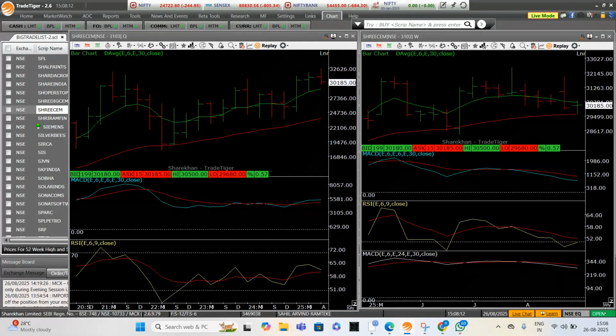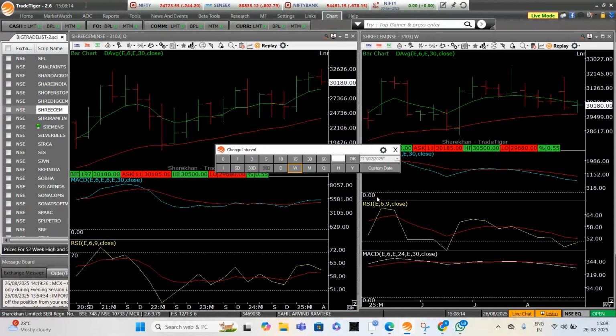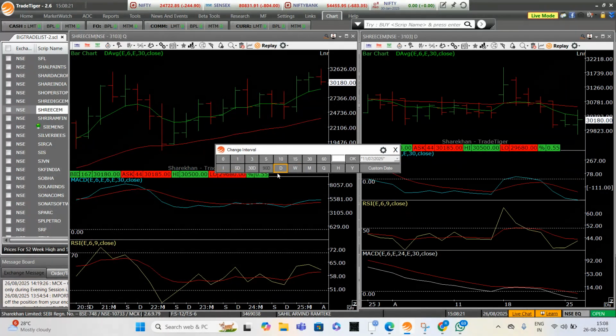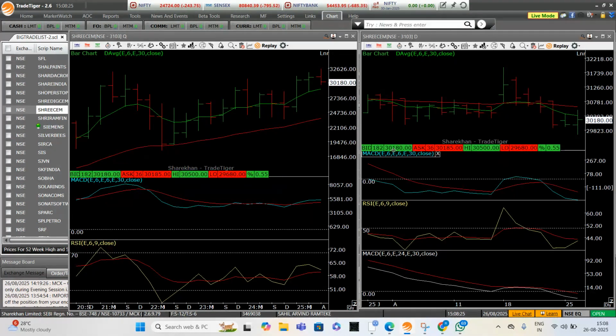And if we go to the daily time frame, as per yesterday, we can see it is bearish. E6 below E30, price has closed below E6, MACD below the signal line, and RSI is also below the signal line.